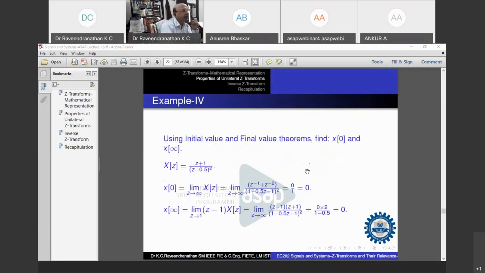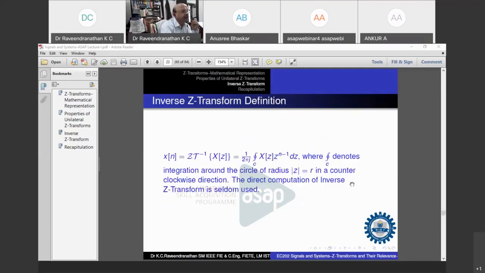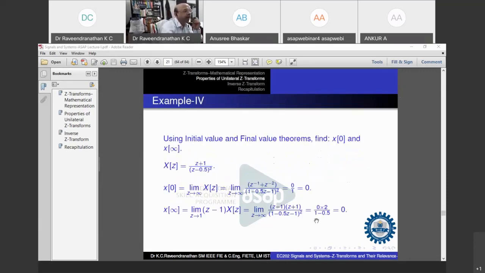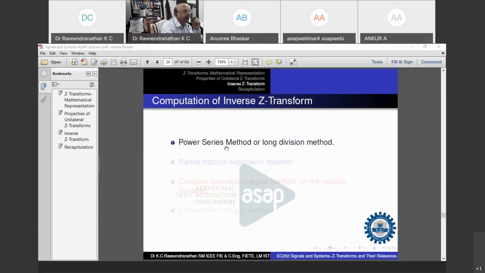And finally, there are questions by which you are asked to find out the inverse Z transform using any of these 4 techniques: power series method, long division, partial fraction expansion, complex inversion integral method, taking the closed integral, right? 1 by 2 pi j closed integral X of z into z raised to n minus 1 and all that, right?